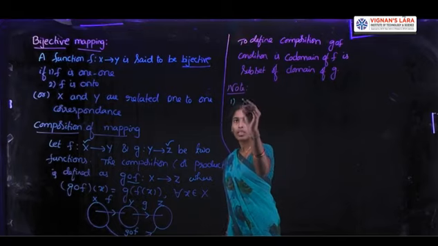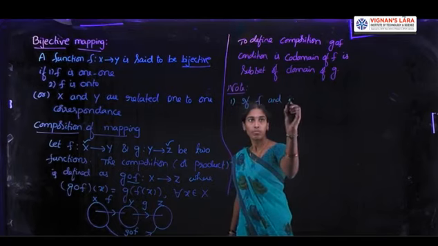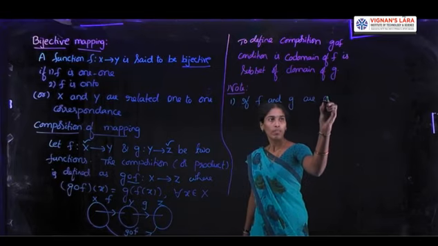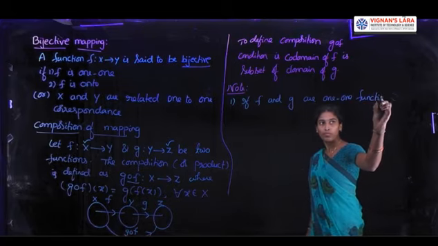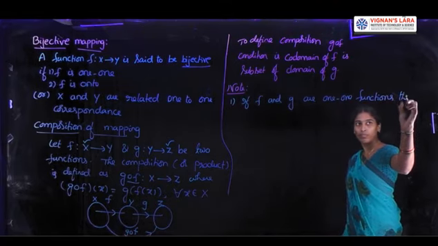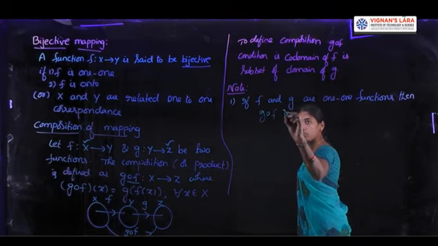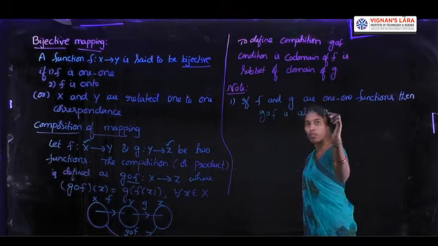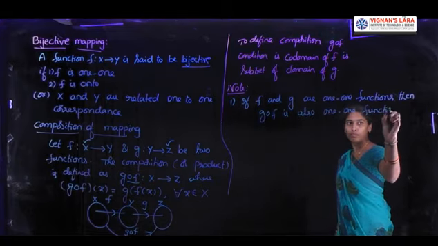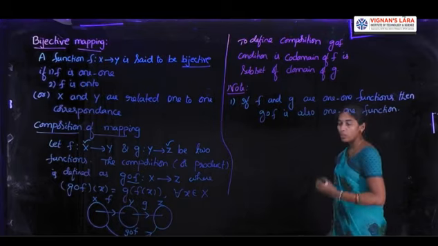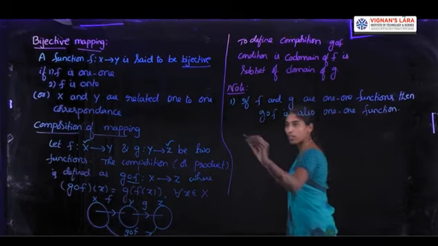First one, if f and g are one-one functions, then g circle f is also a one-one function. If two functions are one-one functions, then its composition is also a one-one function.